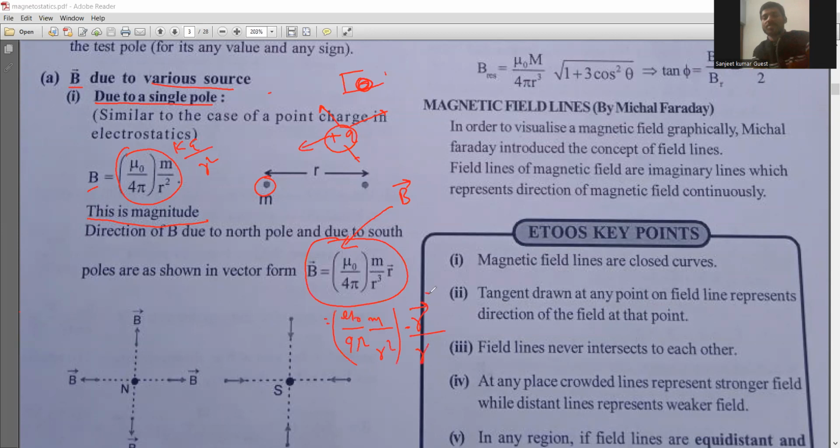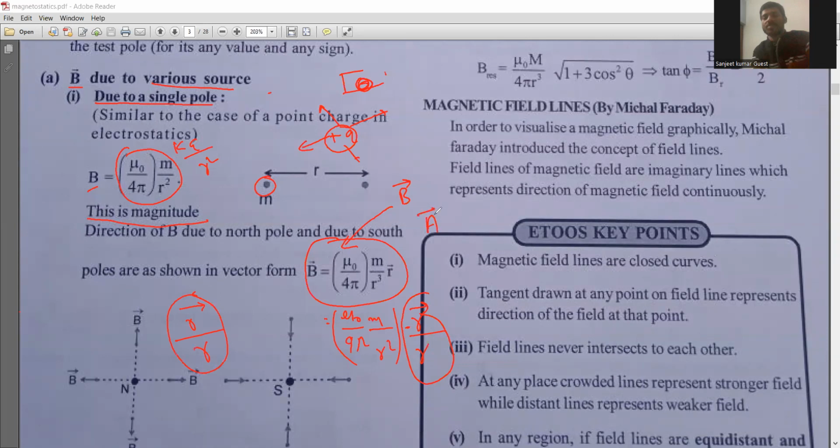So what is this? Tell me anyone. Unit vector. Yeah, unit vector. That means vector r divided by magnitude of r, right? So that is the unit vector. So what have we learned about vectors?